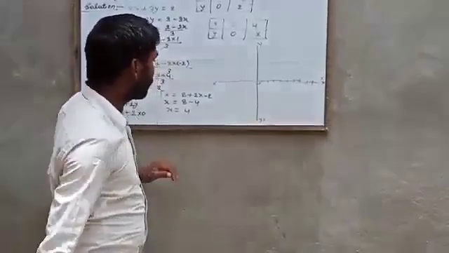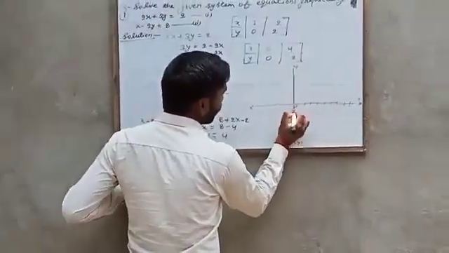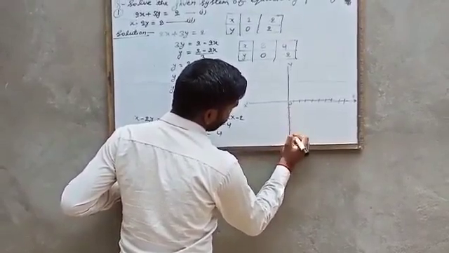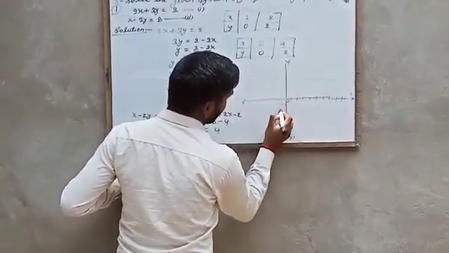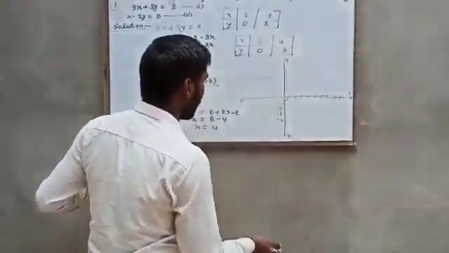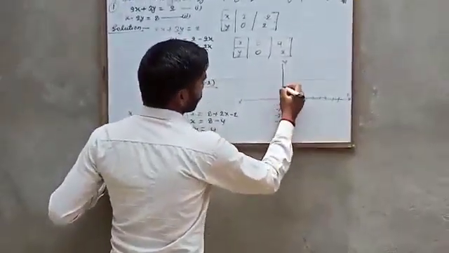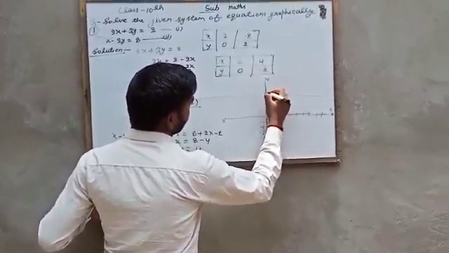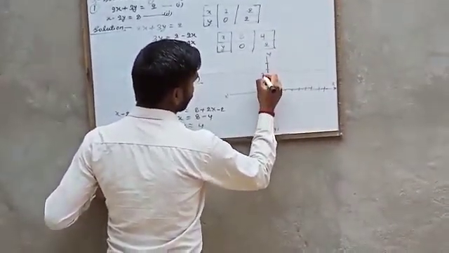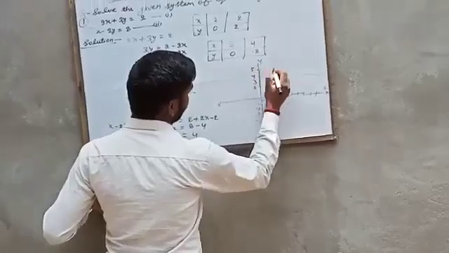Here also we will mark, it will be minus 1, minus 2, minus 3, minus 4, like that. Here 1, 2, 3, 4, 5.